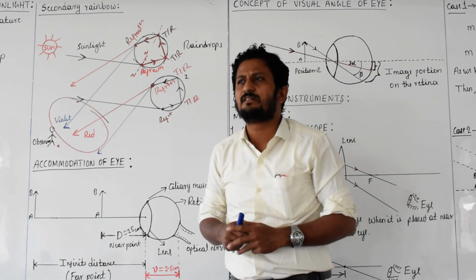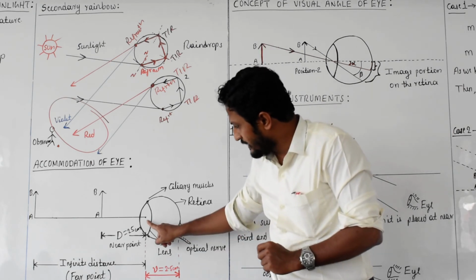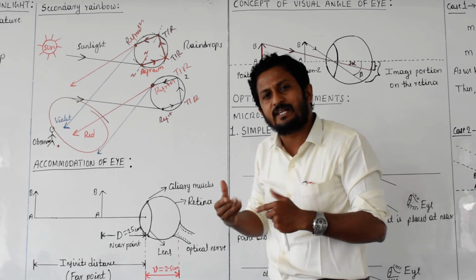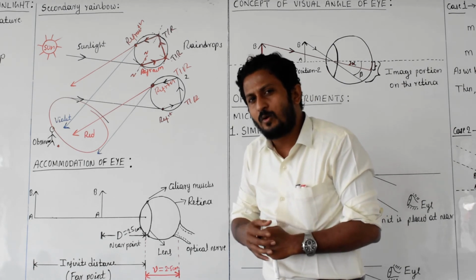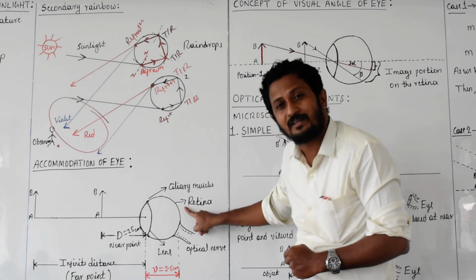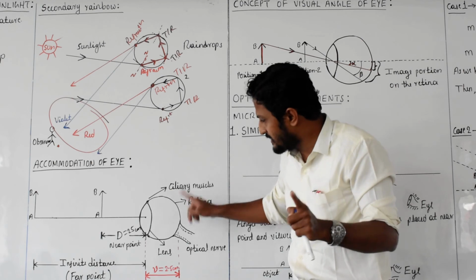What does it mean? See here, what I mean to say. Look here, this is the lens. We feel the presence of an object when the image of that object is produced on the retina.